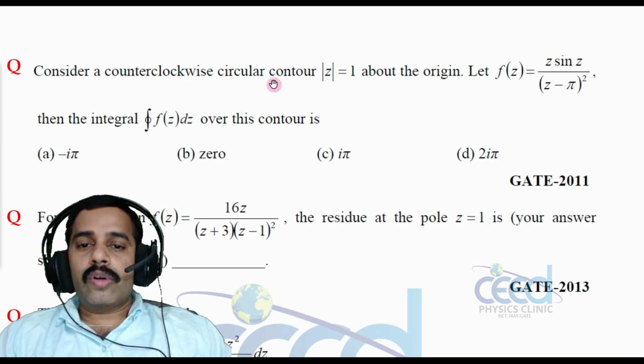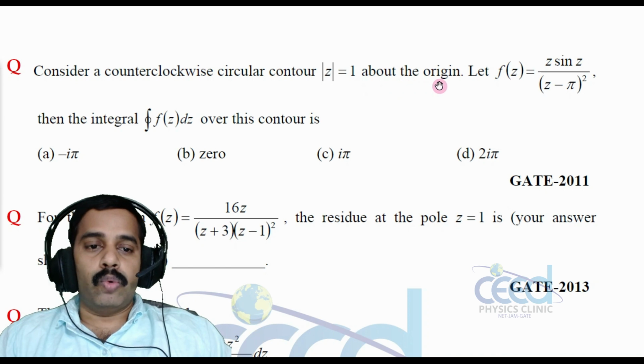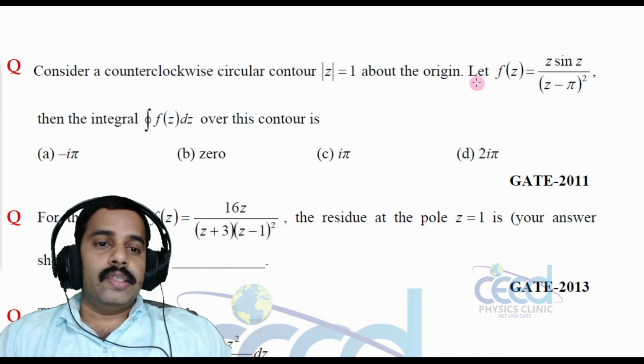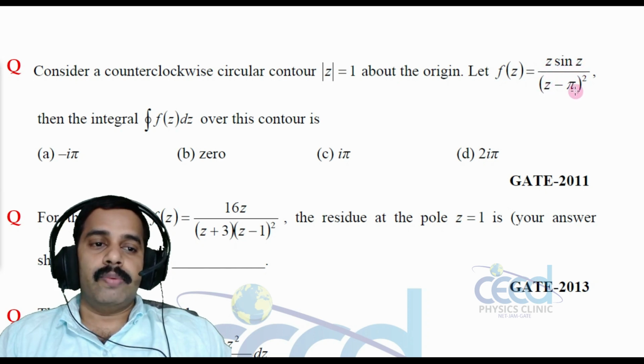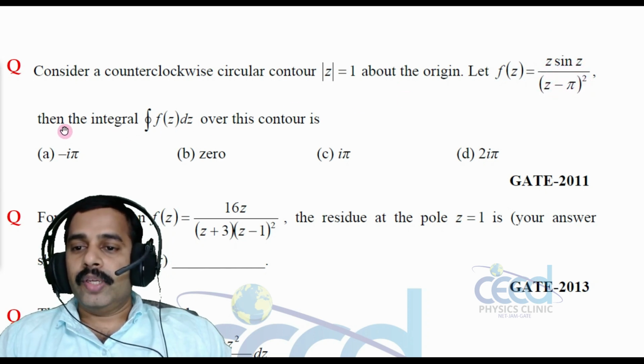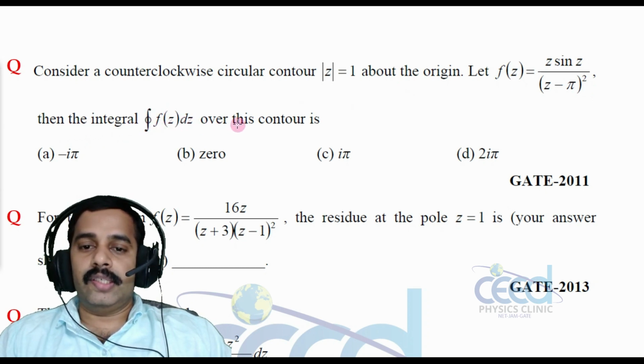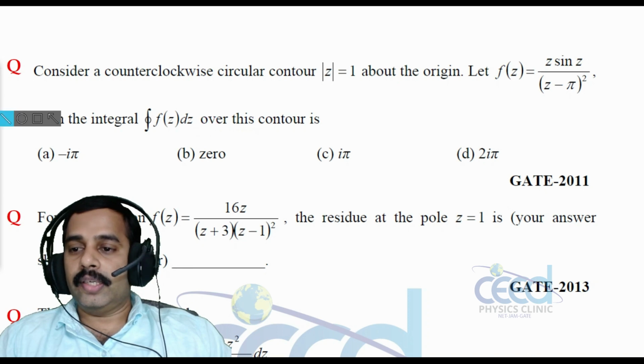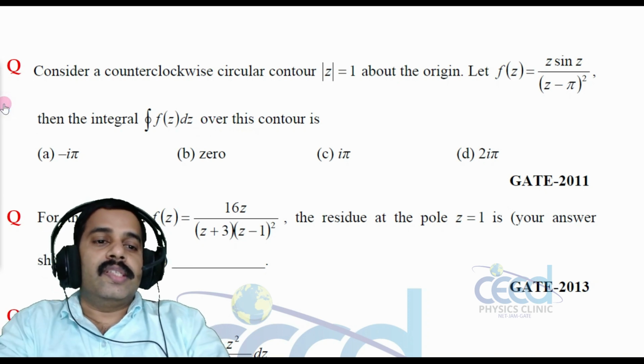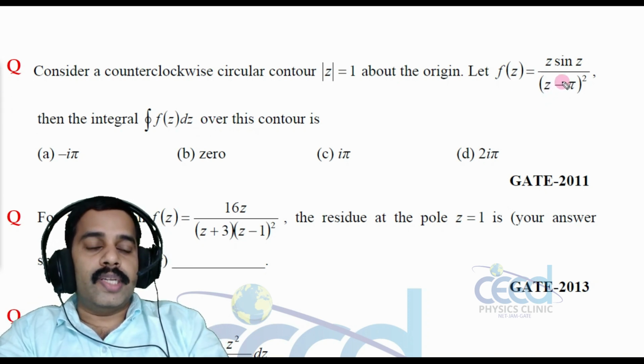Consider the counterclockwise circular contour mod z is equal to 1 about the origin, right? Let f of z is equal to z sin z divided by (z minus pi) the whole square. Then the integral of f of z dz over this contour is, right? So z is equal to pi, that is the pole, a double pole.